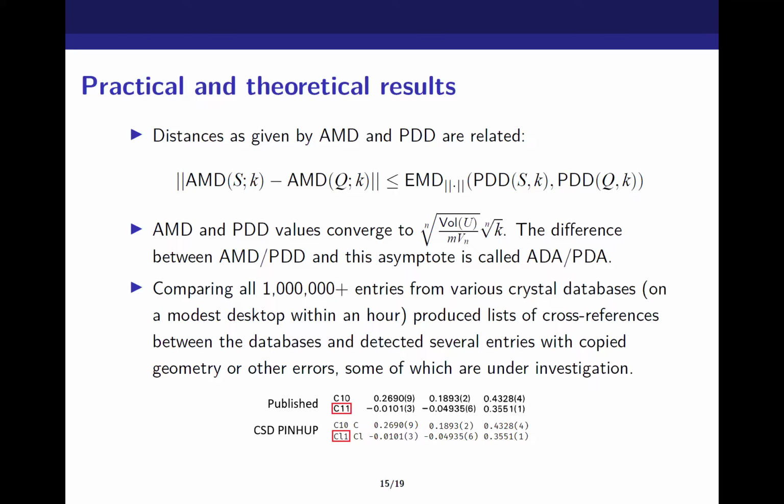This is the coefficient: volume per unit cell, number of motif points, and the volume of a unit sphere. So the values in these invariants I've been giving converge to that. And usually what we want to look at is the difference between the raw distances and the invariant, right? We'll see in a sec why that's a better thing to look at, more interesting.